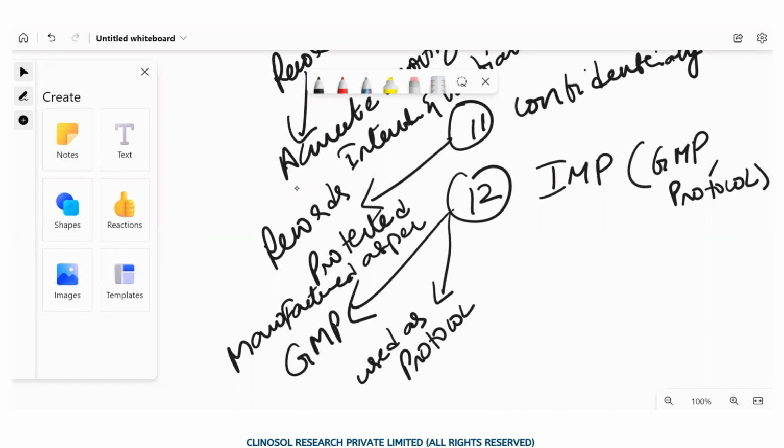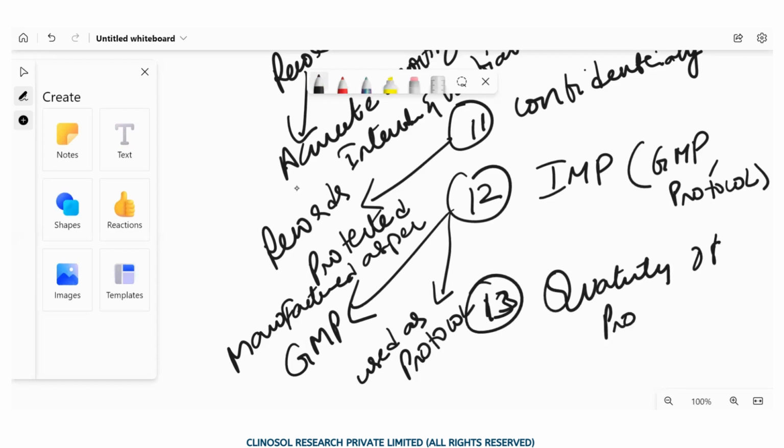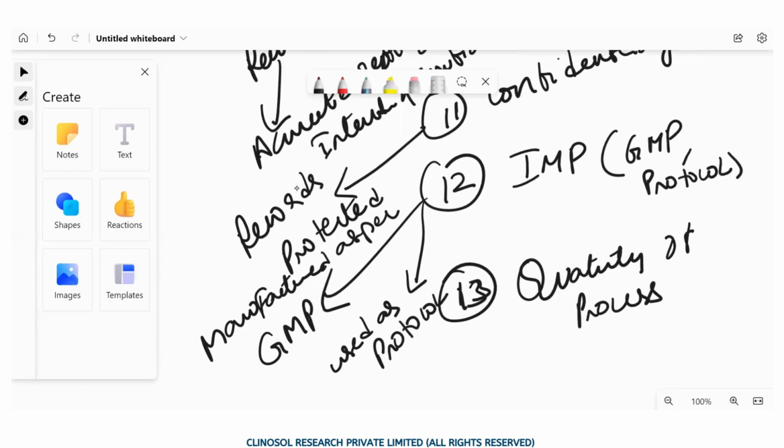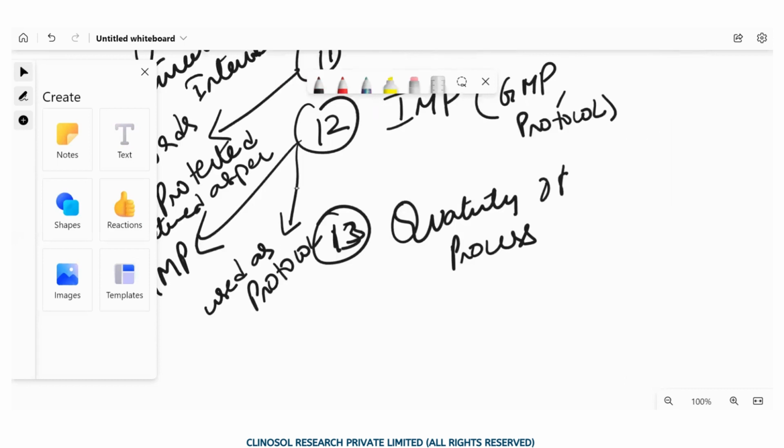Coming to principle number 13, which is the last principle of GCP, which is about quality of processes. For every process, we need to include a quality process which can give us quality in every aspect.